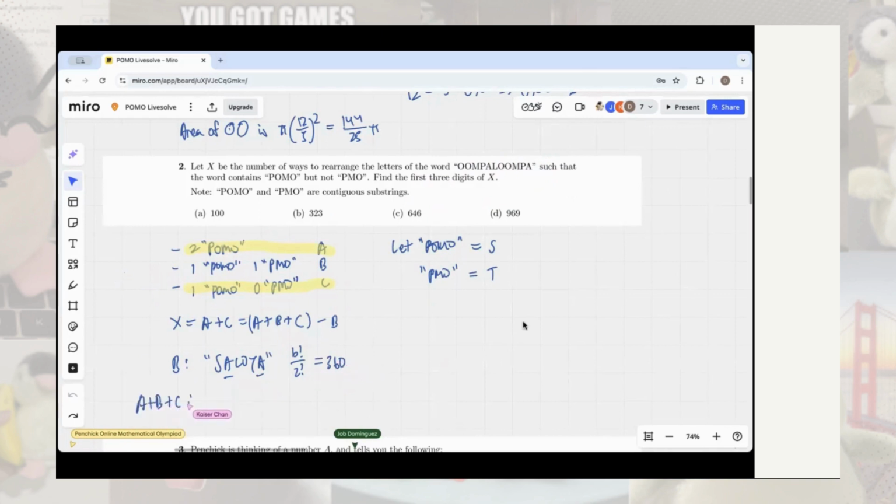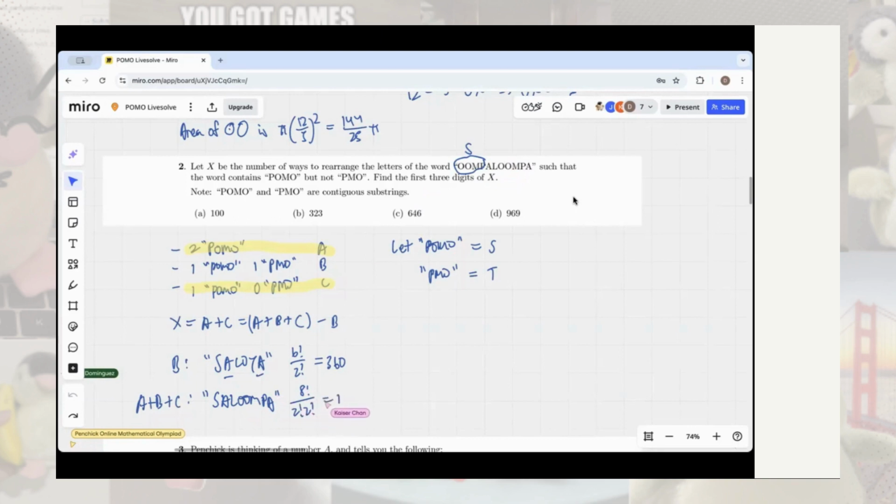And then for A plus B plus C, that will mean that the word contains at least one POMO. So if we treat POMO as one continuous substring, then you can just replace these first four letters with S, and it will be this word. We have 8 factorial over 2 factorial ways.